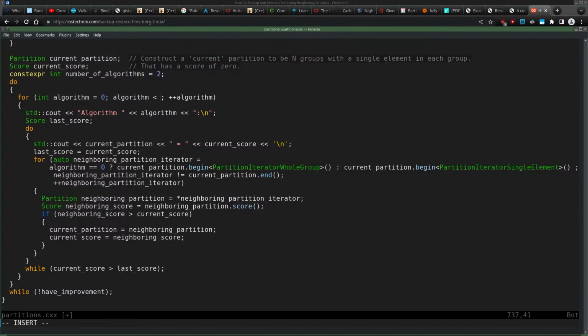Let's not hardcode a constant. So I want to count the number of algorithms that fail to improve it. And how are we going to do that?